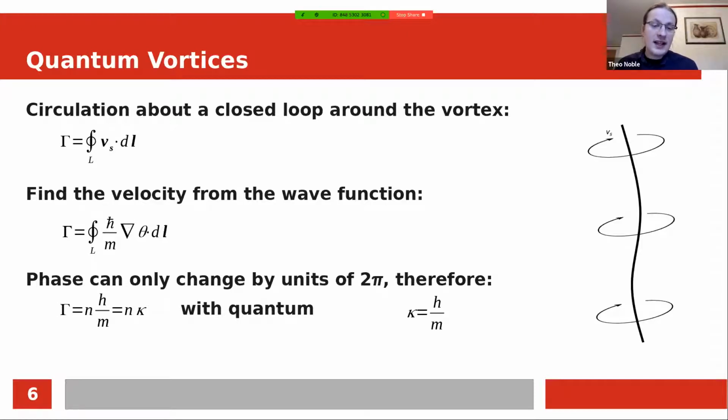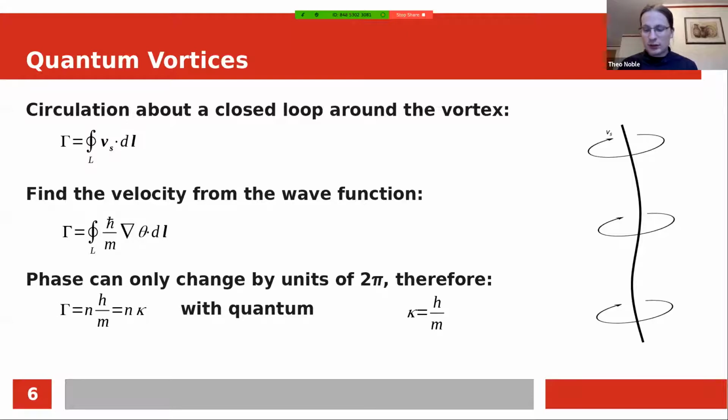The key insight here is to realize that the phase of the wave function can only change by units of 2 pi as you go around this closed loop. That then gives us the quantum, which is equal to Planck's constant divided by the mass of the superfluid particle, in this case the helium-4 atom.